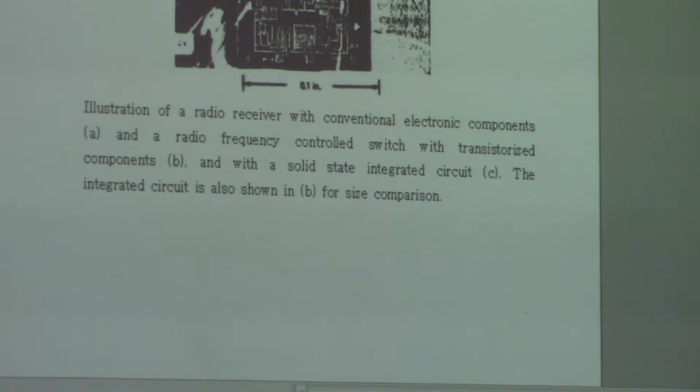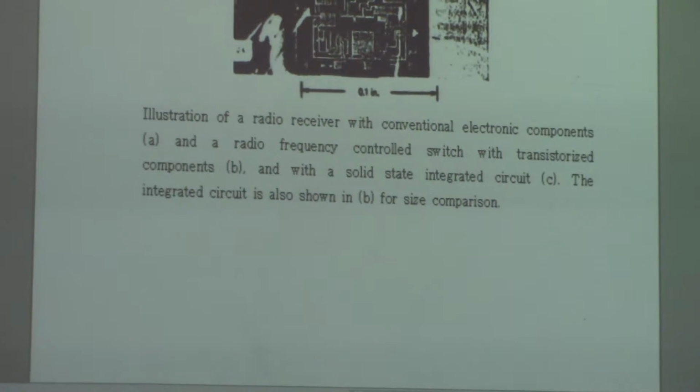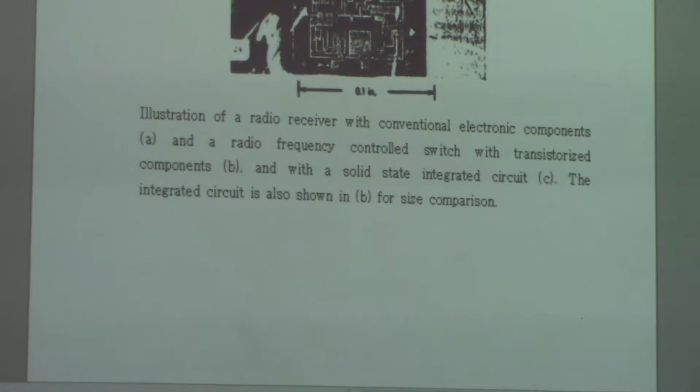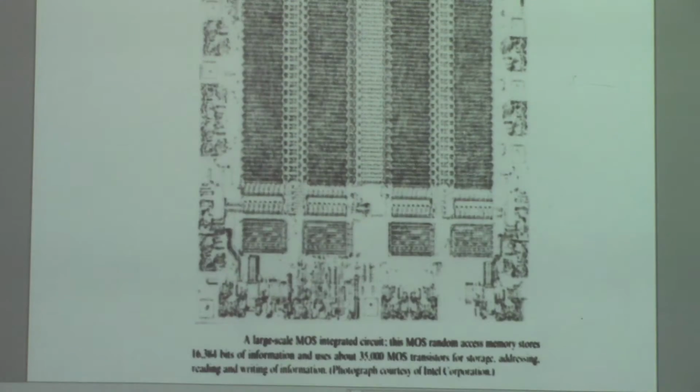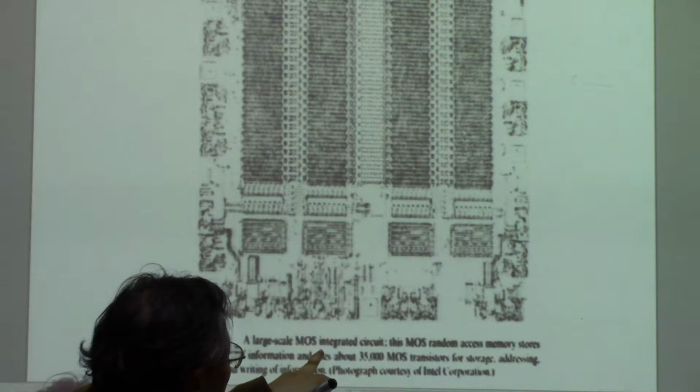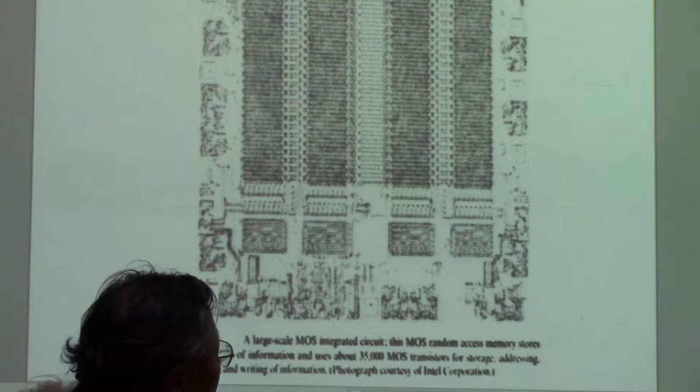And with this interconnection technology, now we can have personal computers. We can carry the computers. The computer size becomes very small. It becomes mobile, and this is a typical example of large-scale MOS integrated circuits.